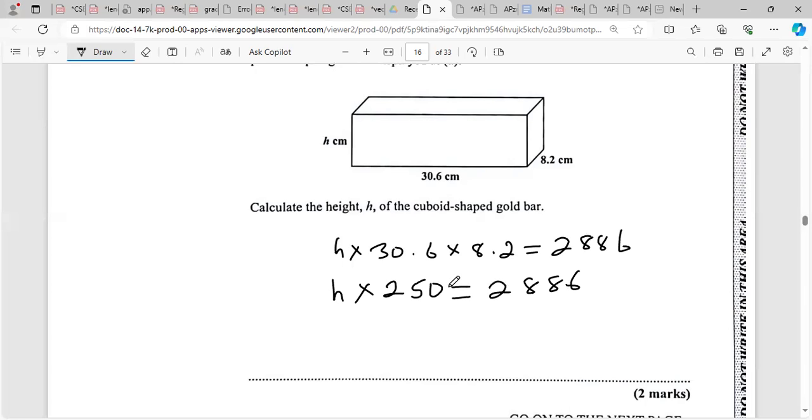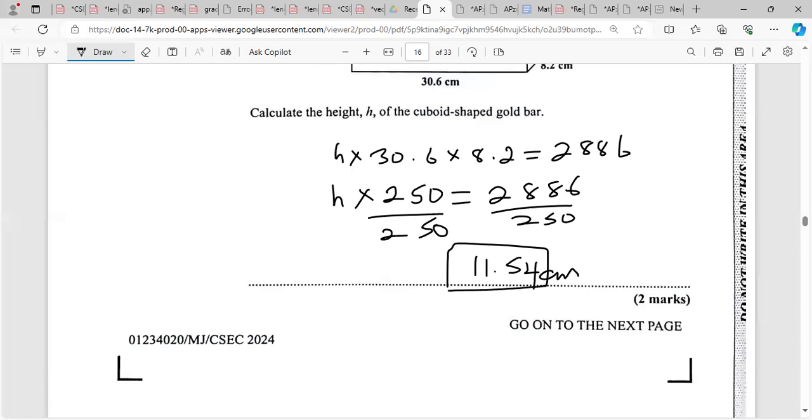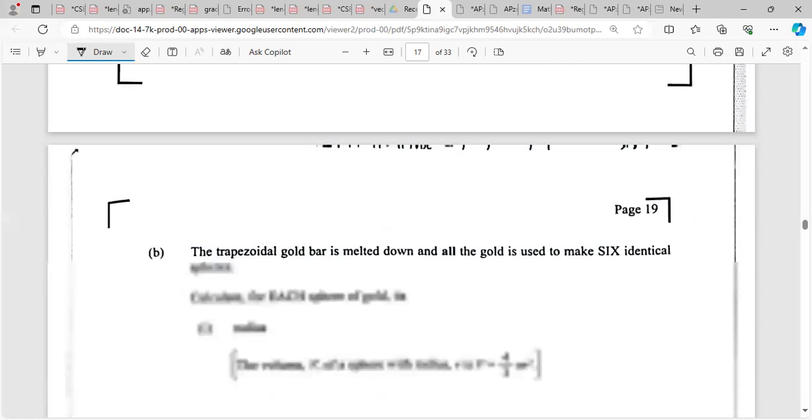So to transpose now, we divide by 250, and that will give us the height. So 2886 divided by 250 is 11.54 centimeters. So that will give us that. Alright, so that was 2 marks, that one wasn't so bad.